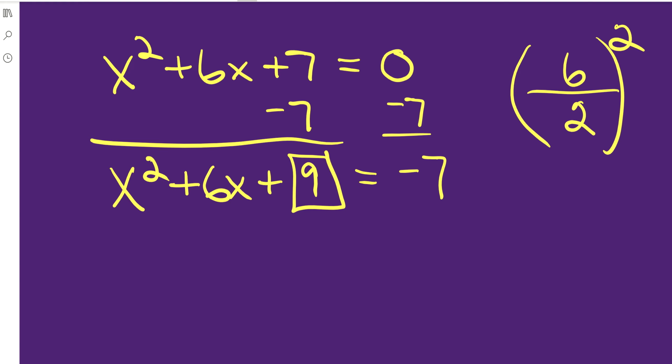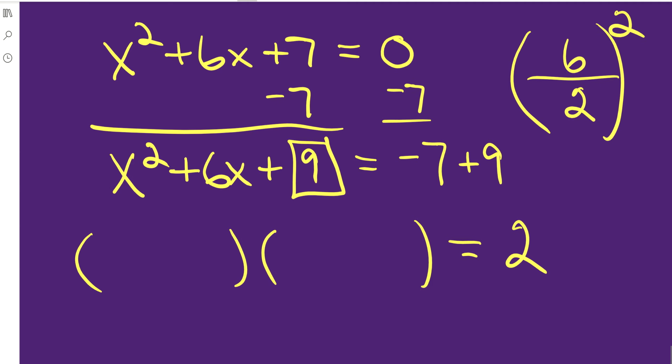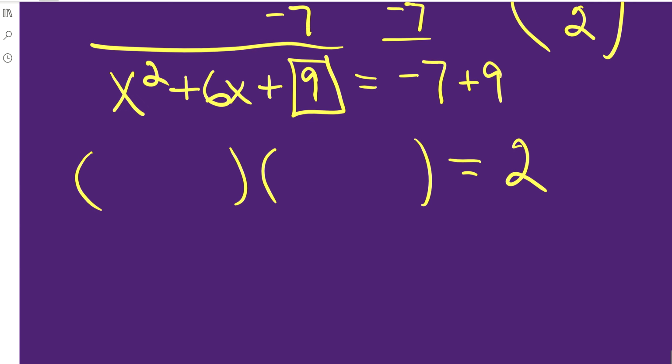So I got 9 here, and I'm going to add 9 to both sides. Okay, my left side, I can factor that now. It's a perfect square trinomial, and that's going to be written as this. -7 plus 9 is 2, so that's easy.